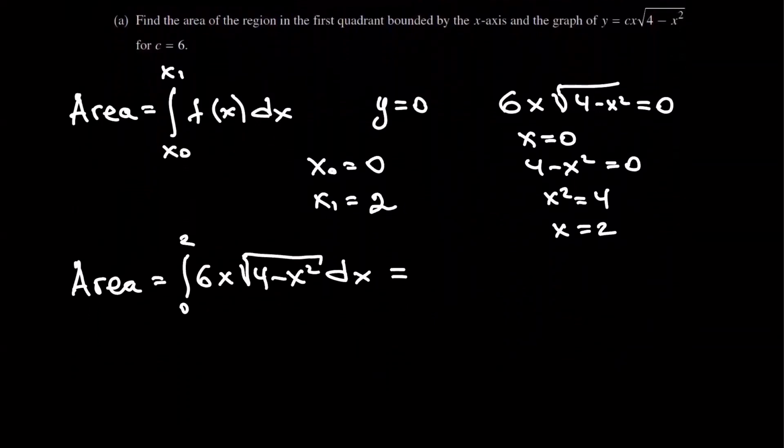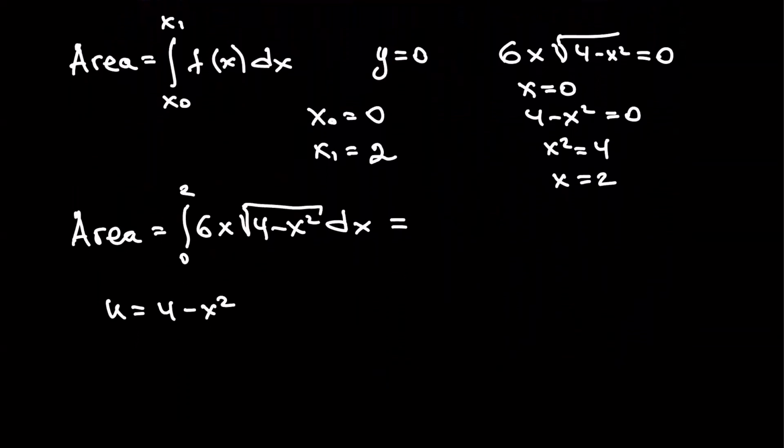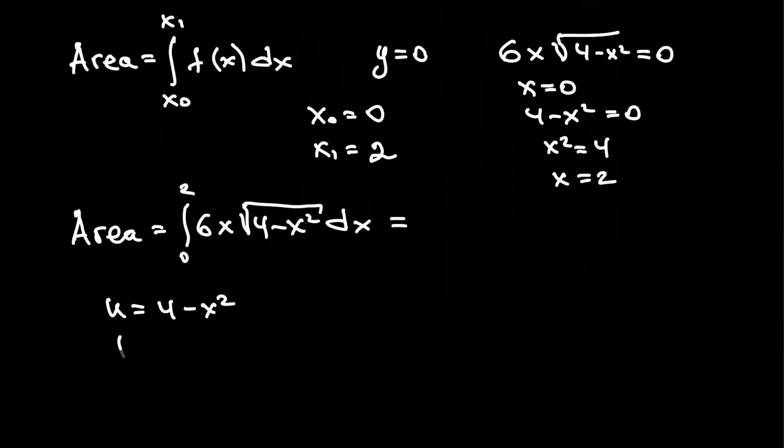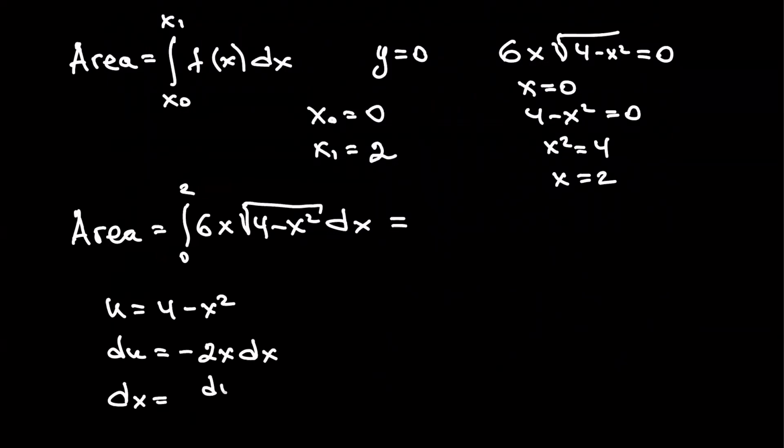We see that maybe a natural u substitution here is u equals 4 minus x squared, the expression under the square root. In that case, du is equal to negative 2x dx. And solving for dx gives us negative du over 2x.